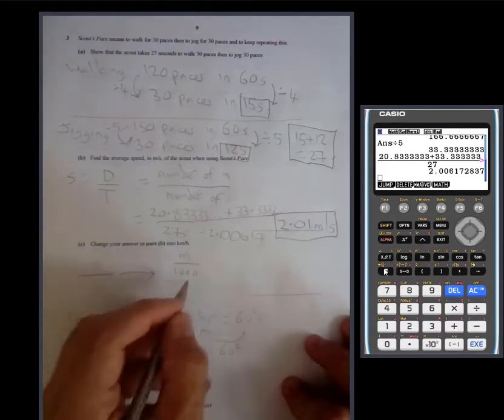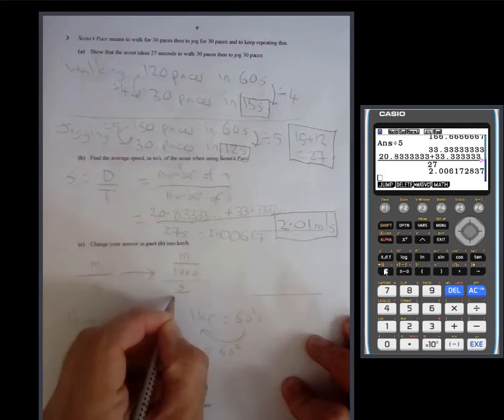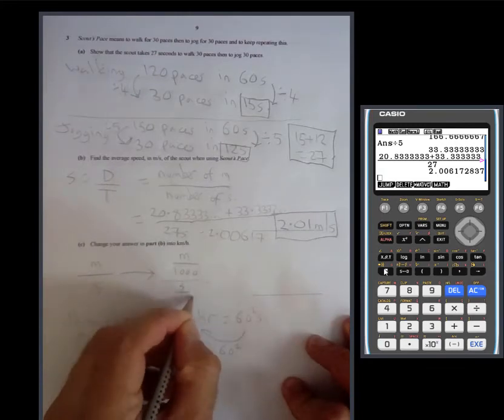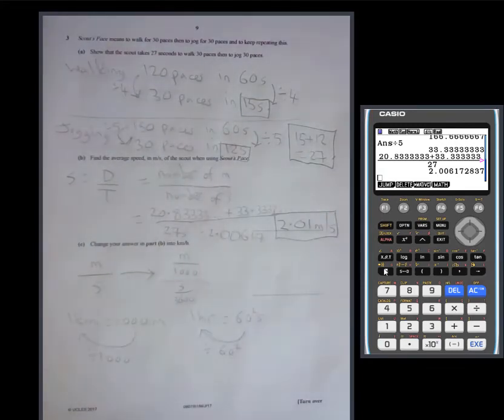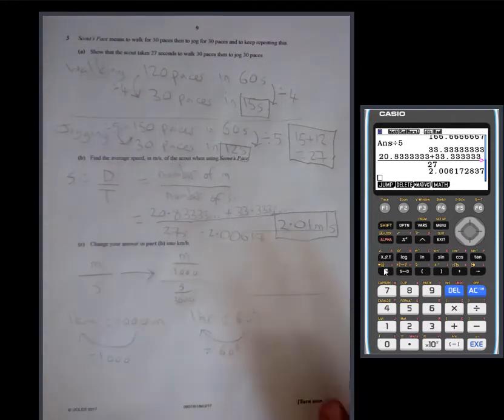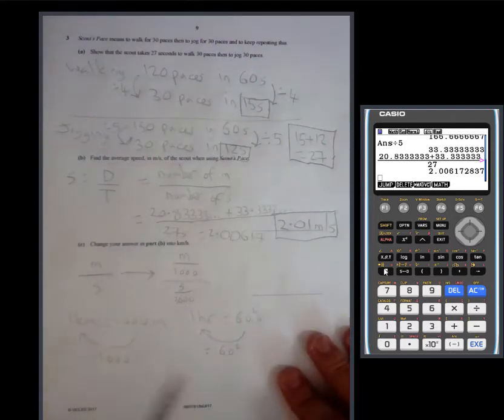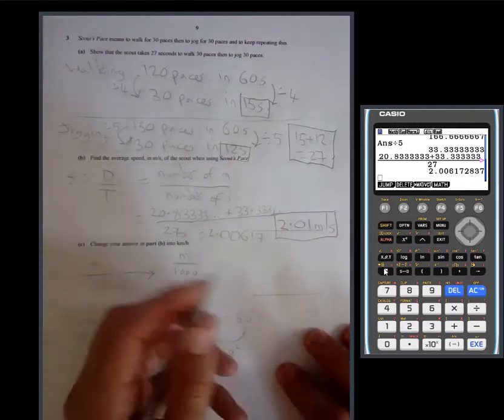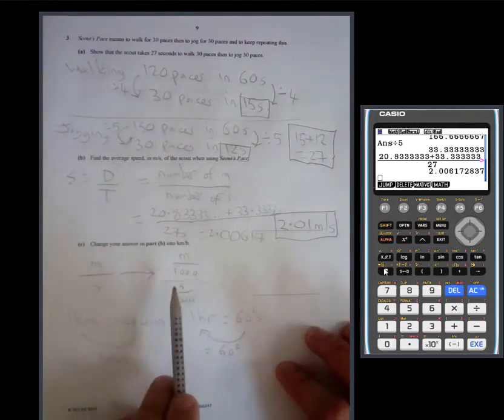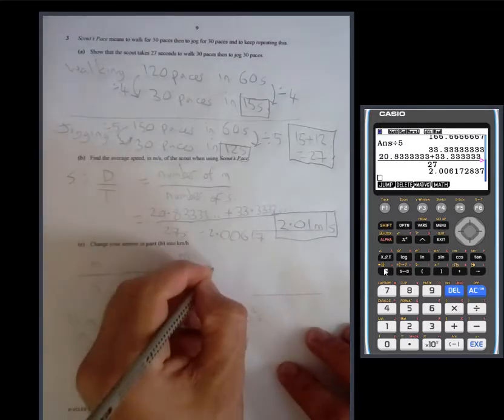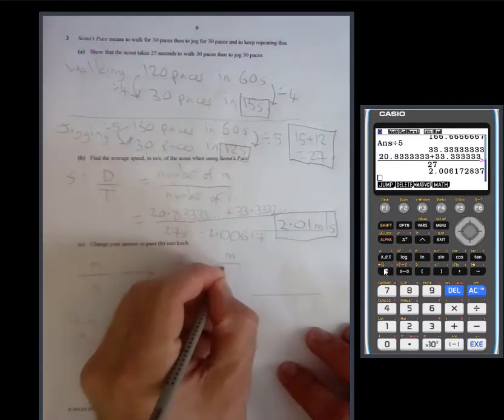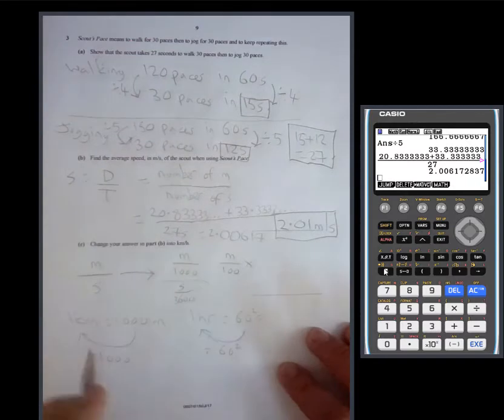Okay, so we're going to have seconds divided by 3600. So what that ends up looking like is meters over 1,000, divided by seconds over 3600. Remember, to divide by a fraction, you multiply by its reciprocal.